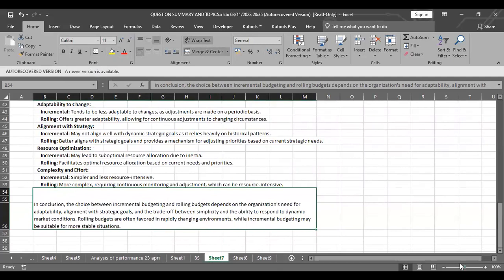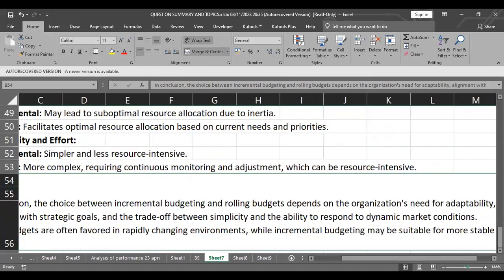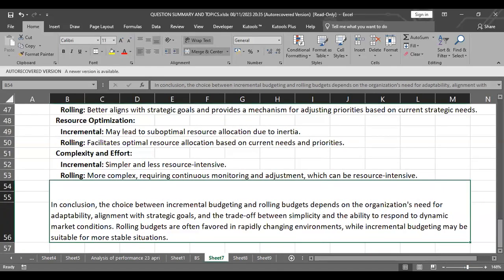But in conclusion, the choice of incremental and rolling budget depends on the organization's need for adaptability, aligning with strategic goals and trade-offs, simplicity, and the ability to respond to dynamic market conditions.